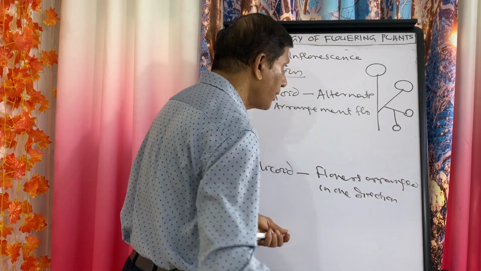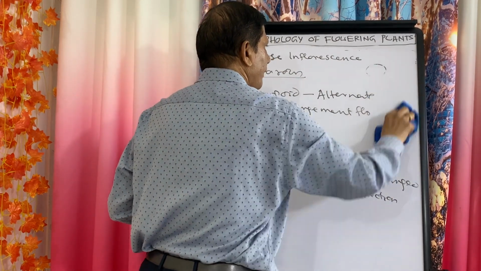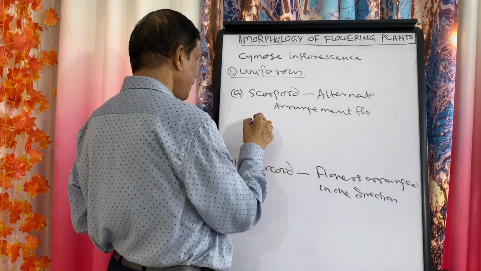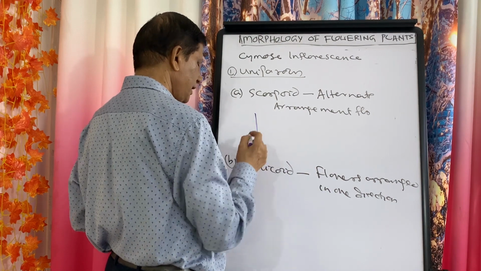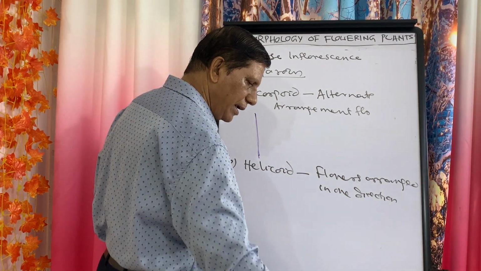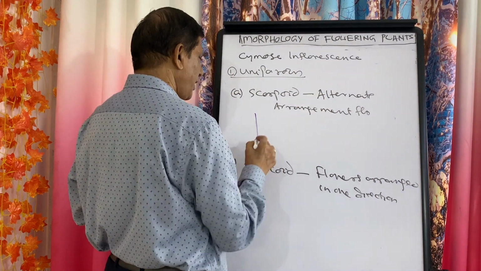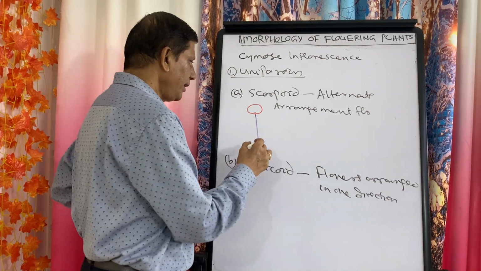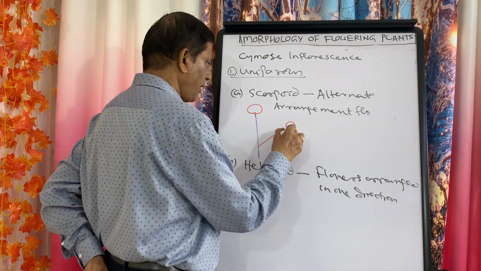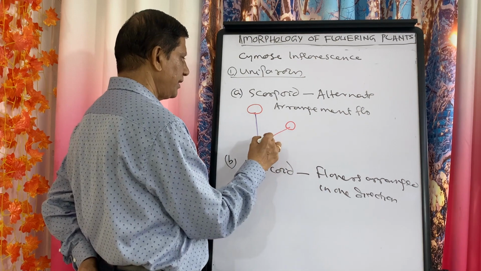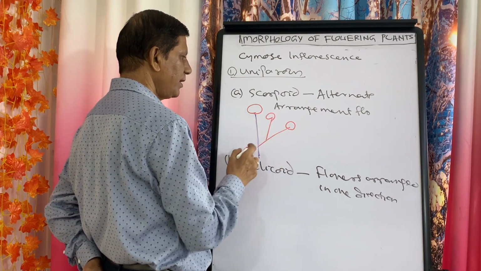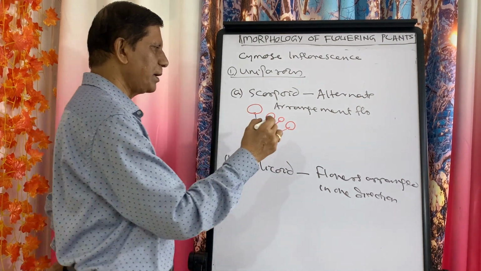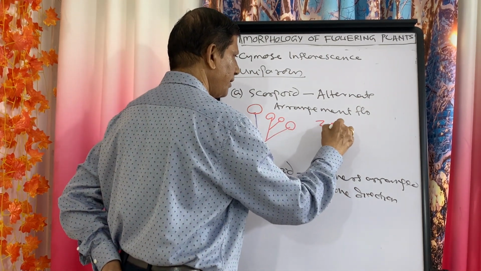That means in the case of the scorpioid type, suppose this is one axis. Since the arrangement is alternate, it will terminate with one flower. Then suppose the next flower arises on the right side, then the next one will be to the left side, then again the right side. That means right, left, right, left. The arrangement is in a zigzag manner.